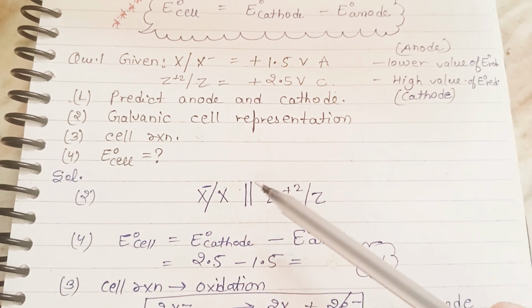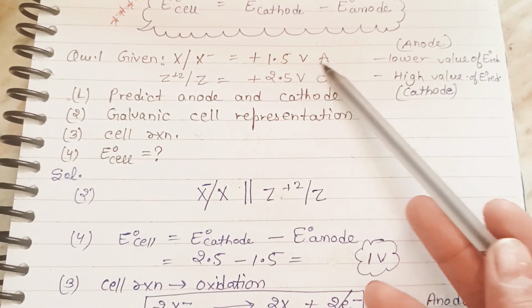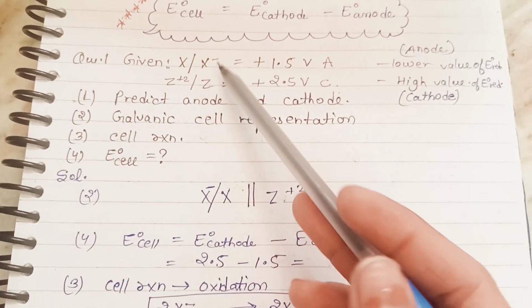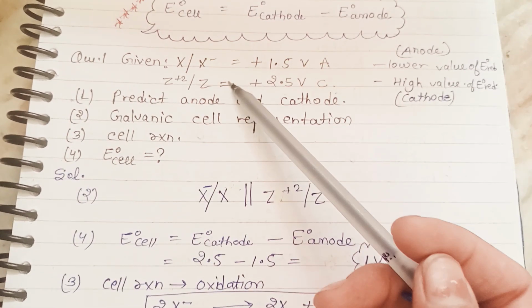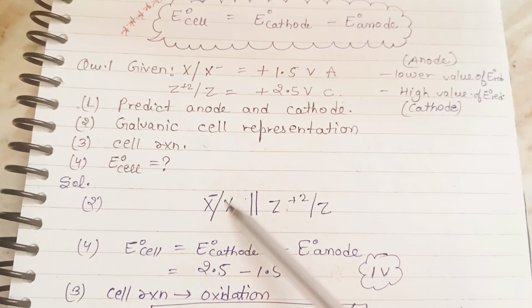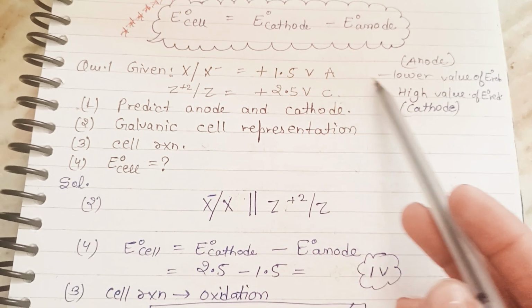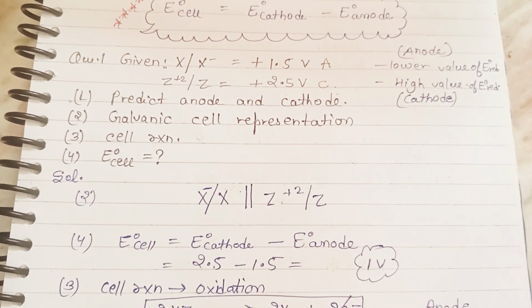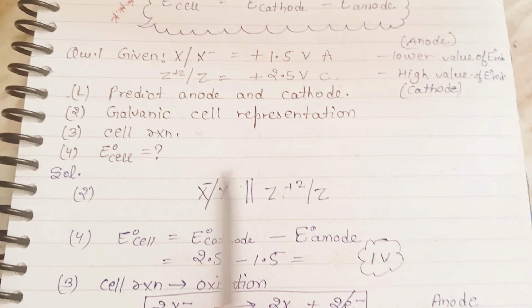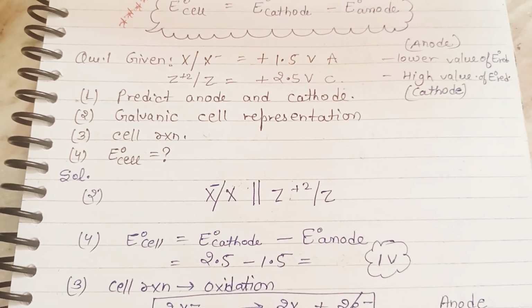This is anode, we know that. So X minus to X, this is -1 to 0, and this is cathode. On the right side is the representation of the cell.